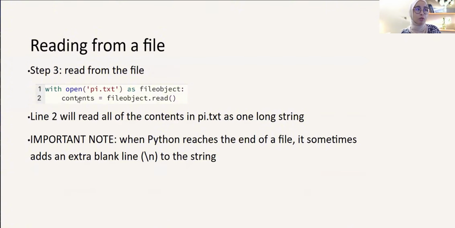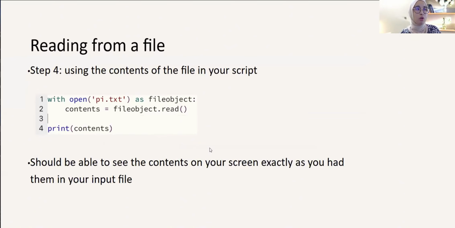I'm going to have content equal to the file object dot read. I only use dot read in this case. An important note is that when Python reaches the end of the file, it sometimes adds an extra blank line to the string. I just want to let you know.